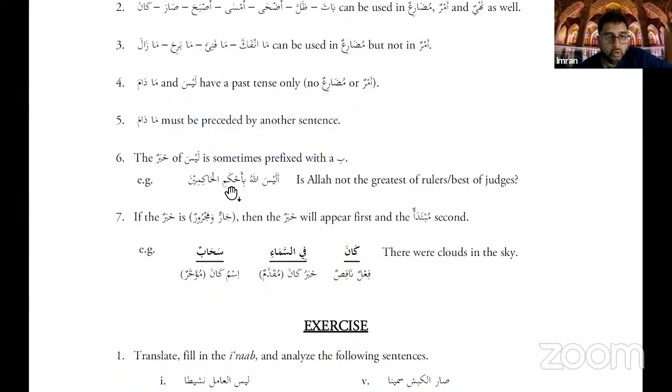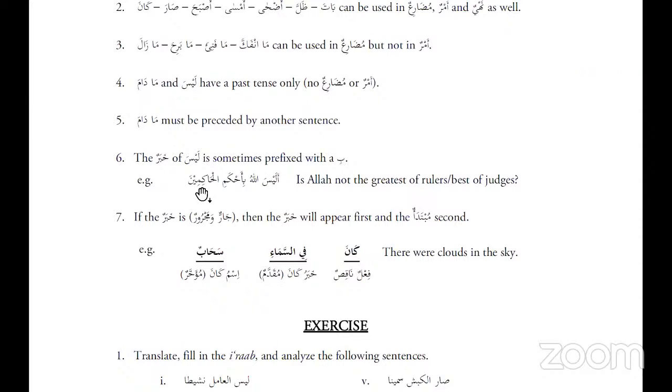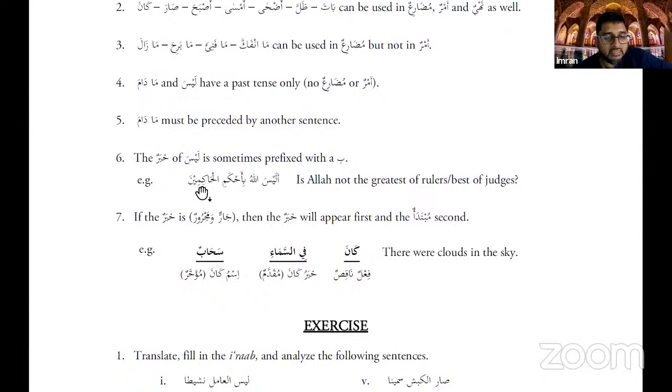jar. So that's the reason why Ahkami is getting a kasra. Al-Hakimin is mudaf ilayh, and originally it was Hakimuna. As you know, the mudaf ilayh is always in the state of majroor. As this is a sound masculine plural in the state of jar, it takes ya, and before the ya it gets a kasra.